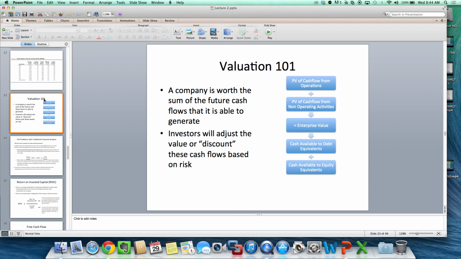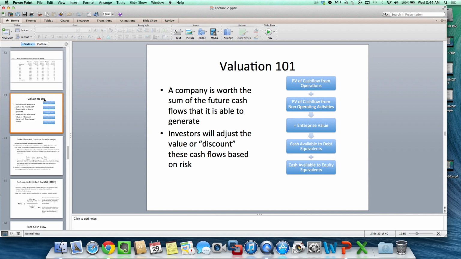Number one, excess cash. If a company has a lot of cash sitting around in the bank, earning 1% interest, 2% interest, that adds value to the company, but has nothing to do with getting more sales from customers. Right? So we'll treat it as a non-operating cash flow, and we'll add it to the value, but we'll separate it out from the operating cash flows.